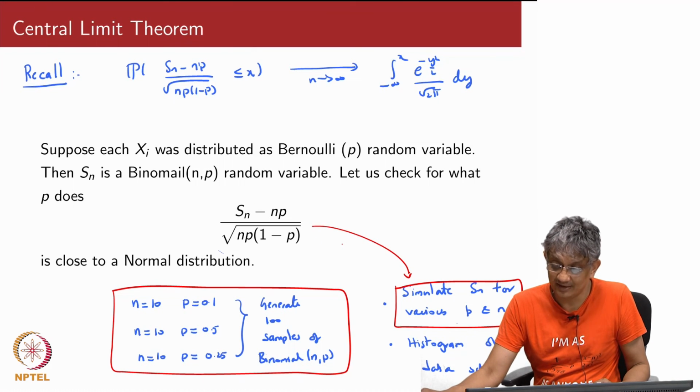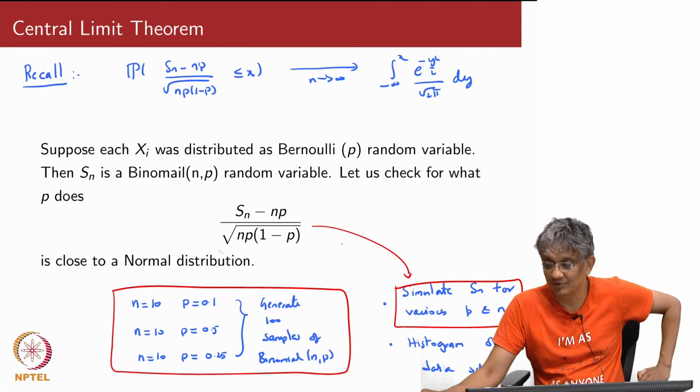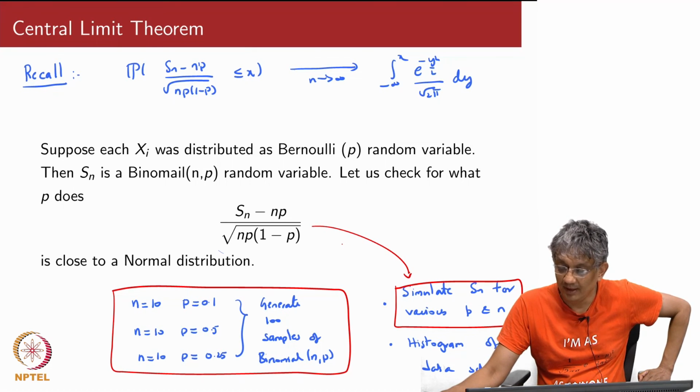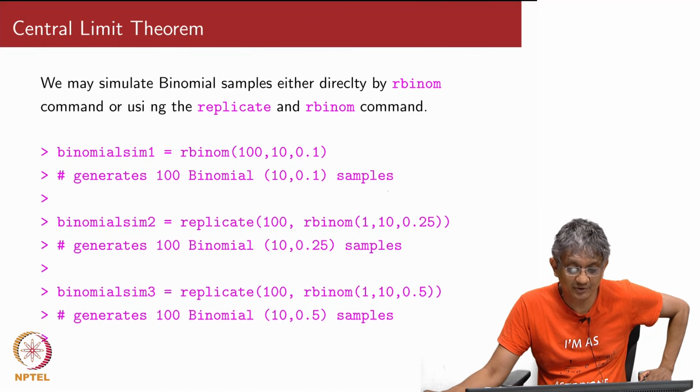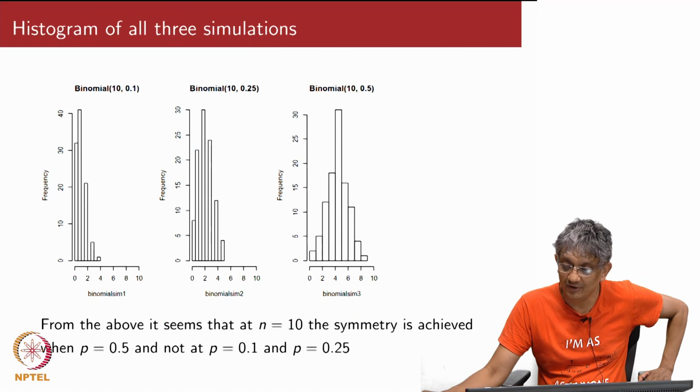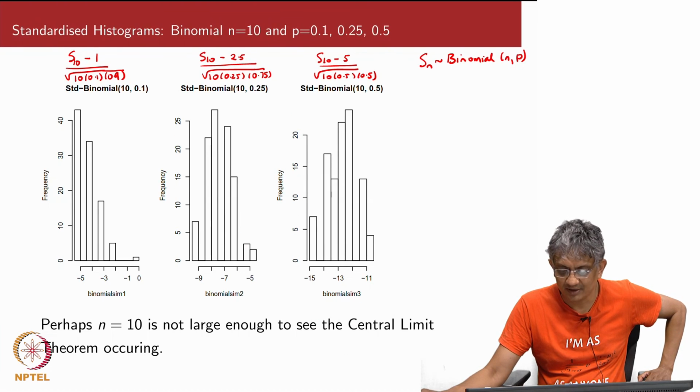You simulate Sn for various p and n. I did it for n equal to 10 and p in these three ranges: left skewed, right skewed and symmetric. Then you do this using either the rbinom command or the replicate command, and you find that you're not doing so well with 10, a little bit better with 20, and very, very well with 50.